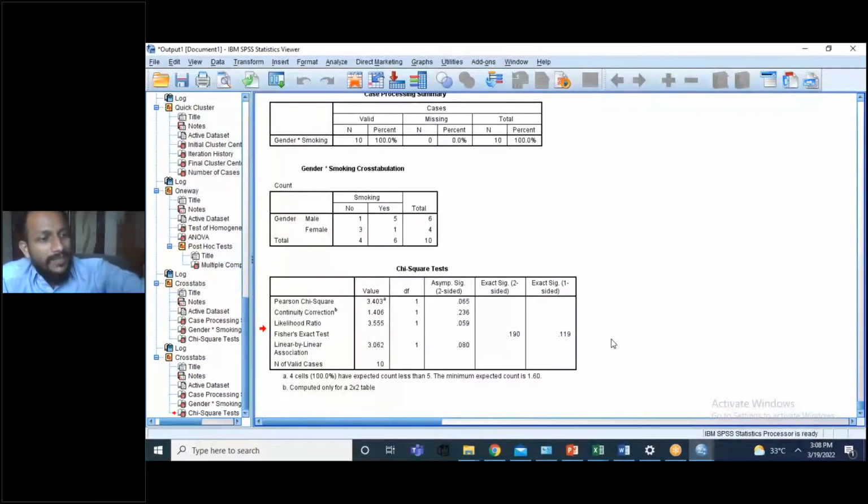Anybody is having any other doubt? Excuse me, sir. Yes, ma'am. Sir, is this SPSS open source or is it commercial software? No, actually for 30 days it is free, but there are a few cracked versions available. If you can source it among your friends, you will find some cracked versions.